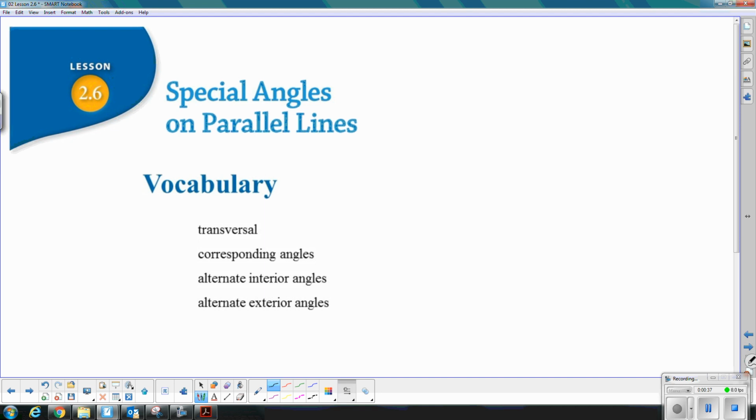The first one is transversal, and you can see in the diagram to your right that it's referring to that line that's cutting the two parallel lines. So a transversal is a line that intersects two or more other lines.